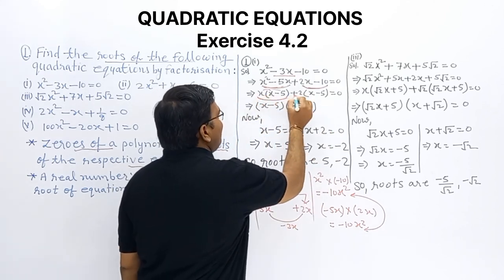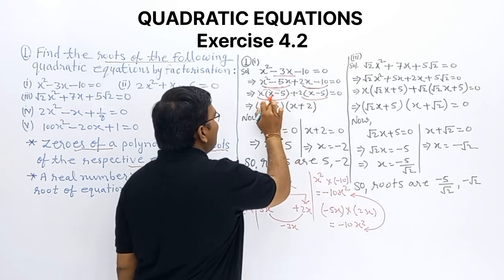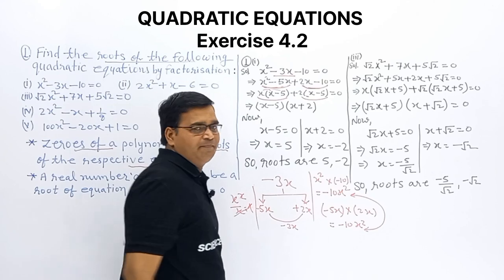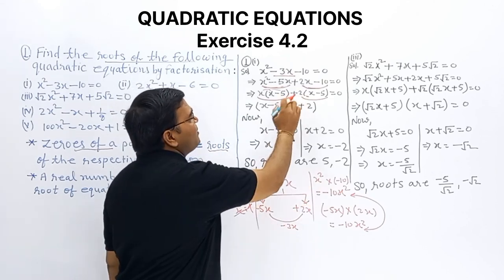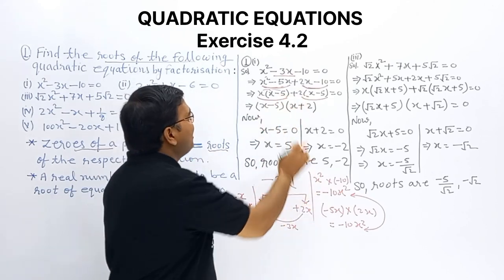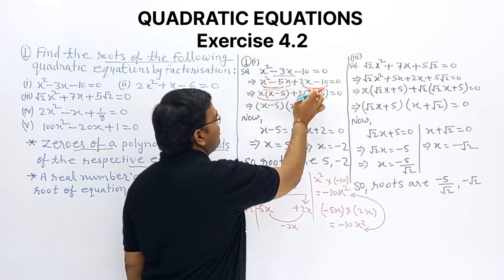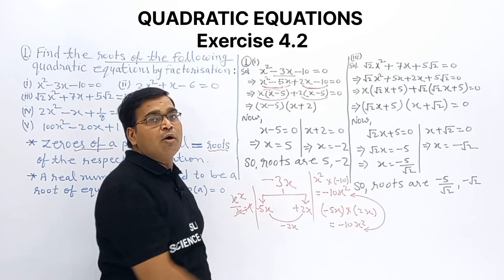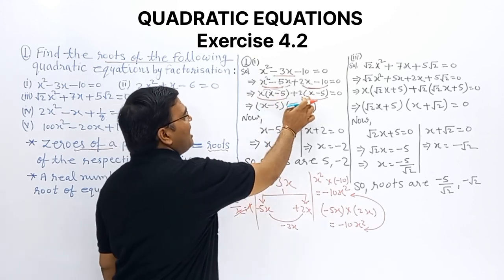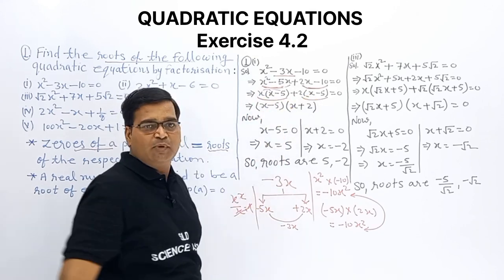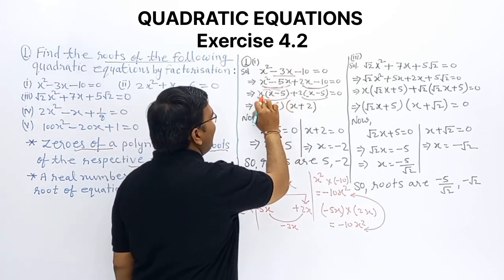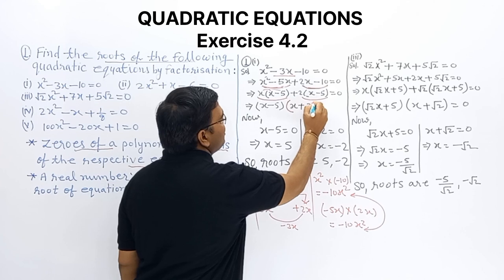Now in this term x is multiplied by this one, and in this term 2 is multiplied by this one, and both are separated by a plus sign. So we have two terms. In both terms, what is the common? The bracket is common. Take the bracket x minus 5 outside. What is remaining? x is remaining plus 2 is remaining.